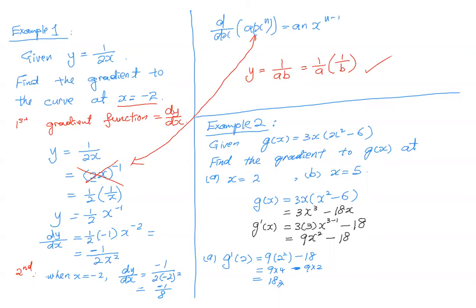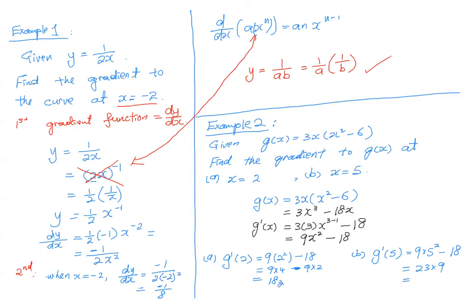Okay, now part B. What should I do with part B? You substitute 5 into g prime x. So I put g prime 5, correct? So 9 times 5 squared, take away 18. So 25 minus 2, 23, 23 times 9.